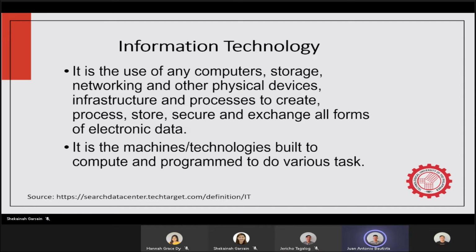Then the machine will create, process, or store the data depending on the program task assigned to it. The machines and technologies related to information technology compute, and they are programmed to do the tasks pre-programmed for them.